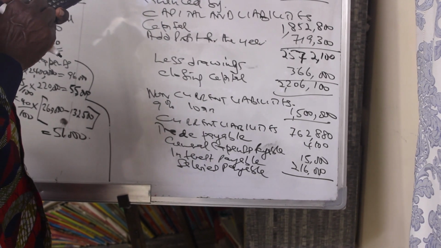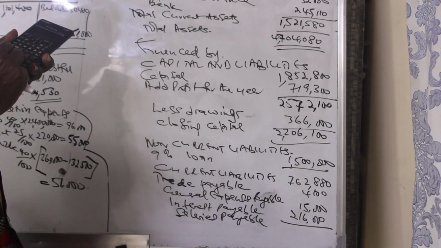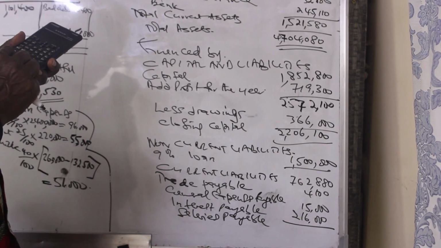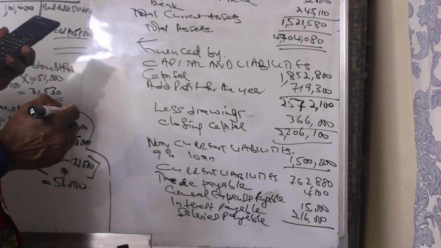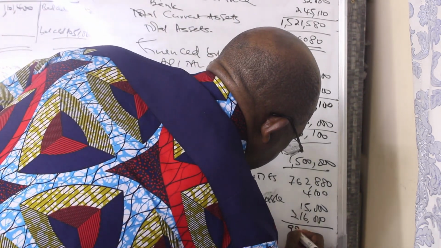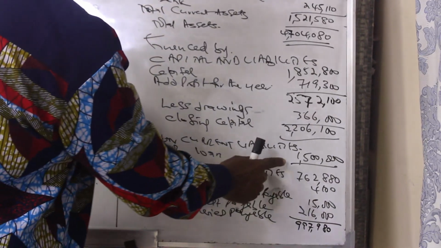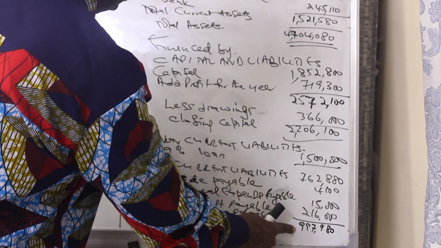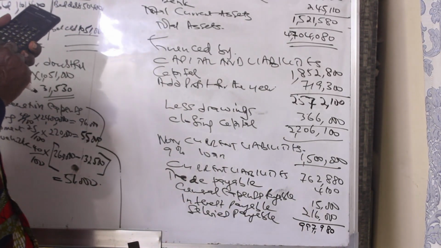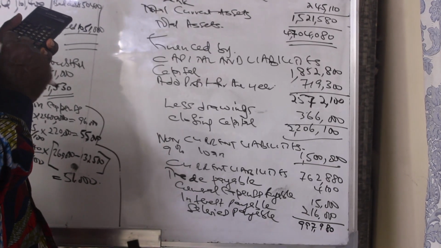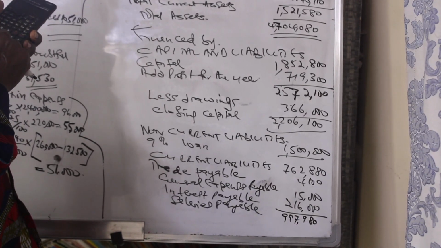So if you add all that now, you get 762,880 plus 4,100 plus 15,000 plus 216,000. We get a figure of 997,980. Then 997,980 plus the non-current liabilities, that's total current liabilities, plus total non-current liabilities plus closing capital of 2,206,100.